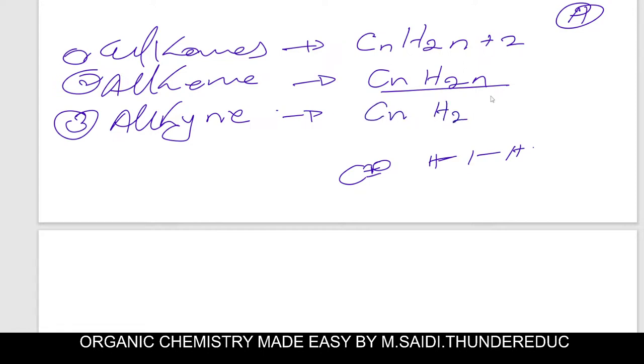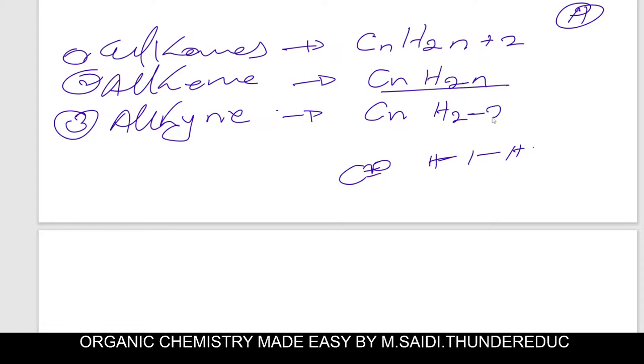Now because it is short of 2 hydrogen atoms for one bond, then another 2 hydrogen atoms for another bond, there are 4 hydrogen atoms short if you are comparing it with the alkanes.